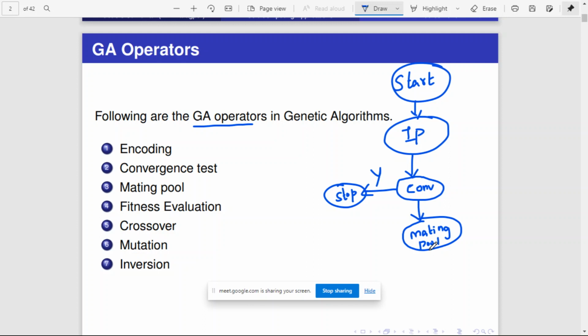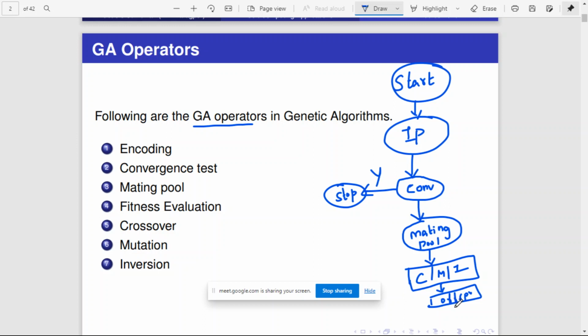Then we perform reproduction. This reproduction involves crossover, mutation and inversion. I am calling them C crossover, M mutation, I inversion. And then we create new offspring. This new offspring may replace either part of the population in the original population, or some criteria it will replace.